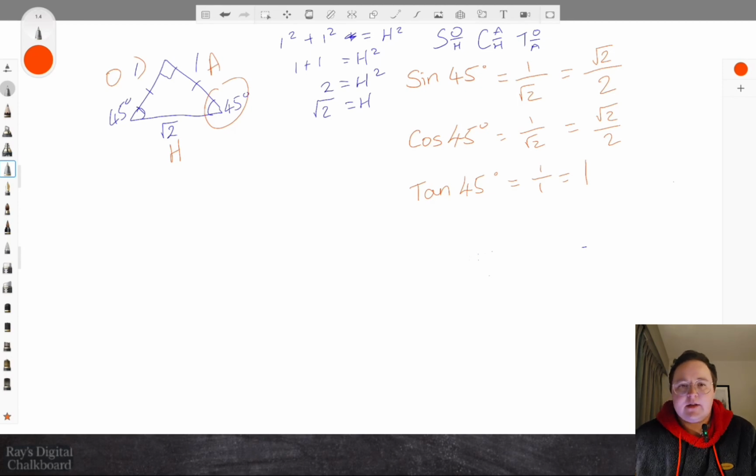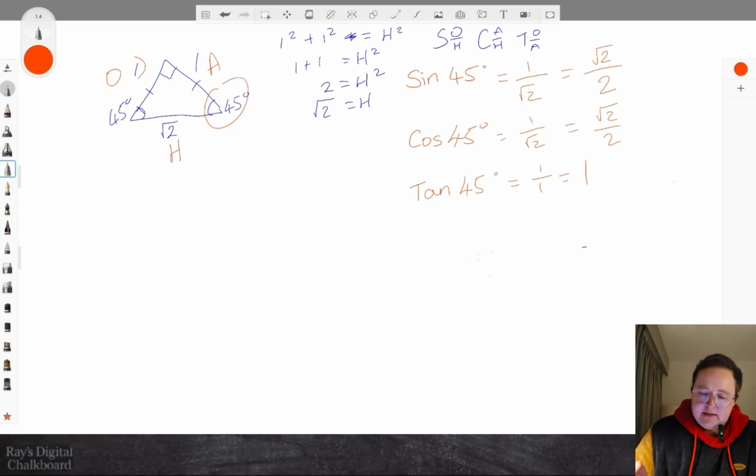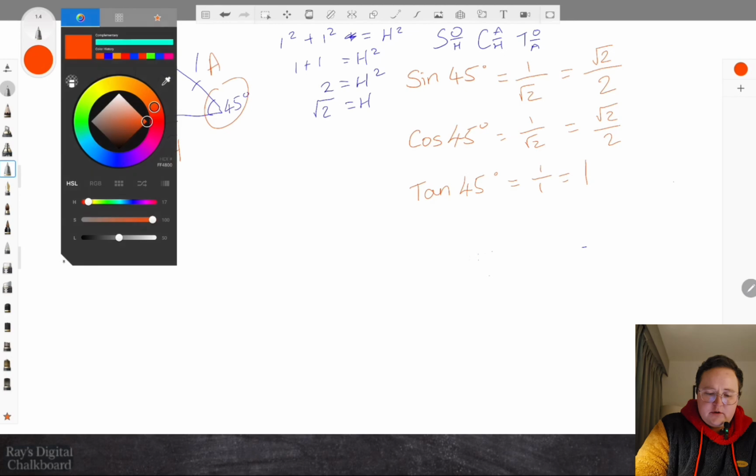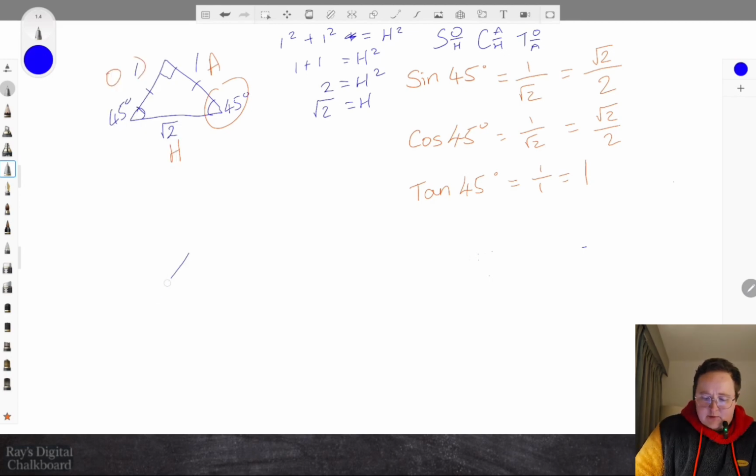Now we'll do the values at 30 and 60 degrees. So we're going to draw another triangle, and this time we're going to draw an equilateral triangle to start. All these lengths are the same, and all of the angles are 60 degrees.